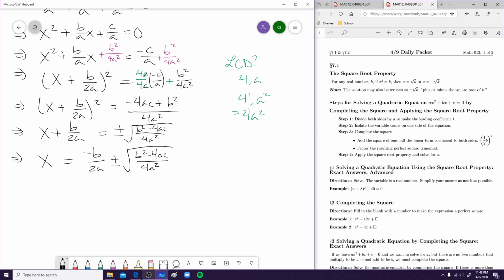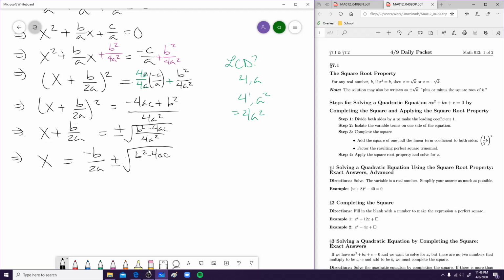Actually, sorry, let me take another step back. Looking at this fraction, we're assuming that a, b, and c are all real numbers.